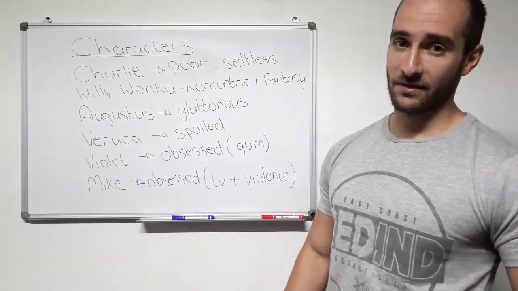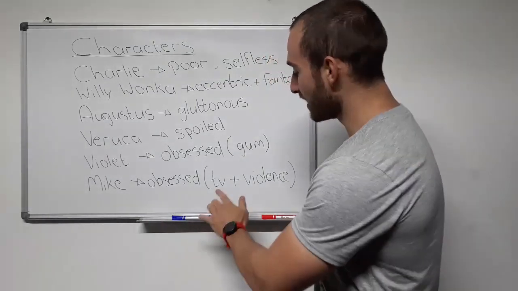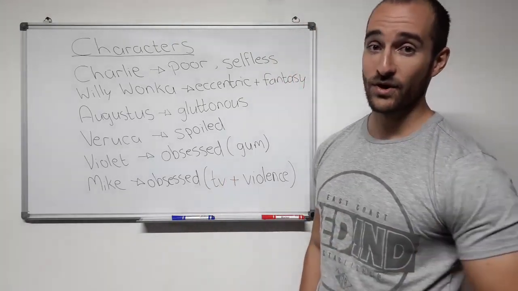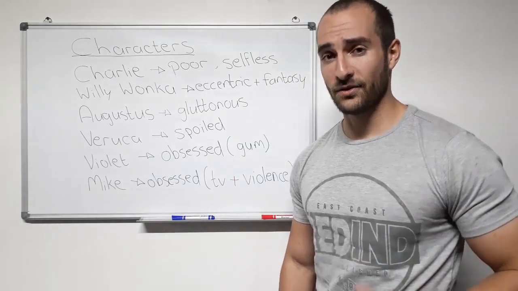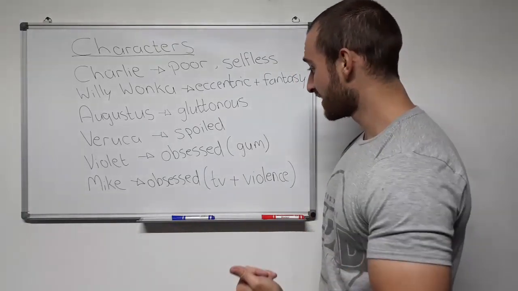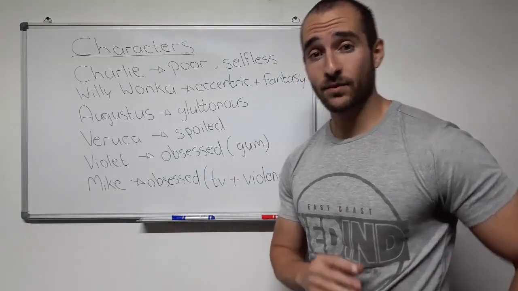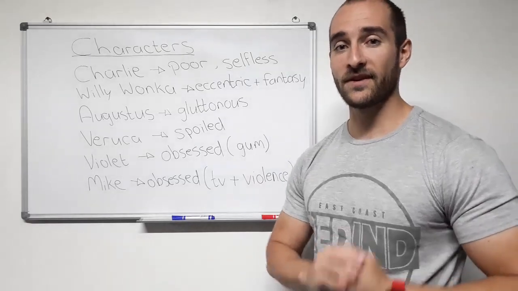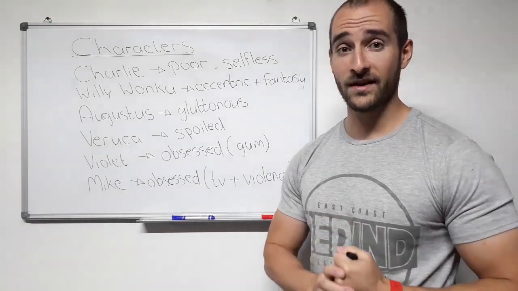Also, grade 9s, a little bit of a side note, TV is an abbreviation. TV is not a word, so try never to use that in your writing. I'm just using it here to conserve space. So yes, Mike is obsessed with watching television, and more specifically, violence on television.